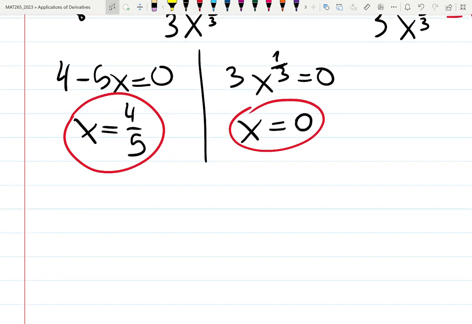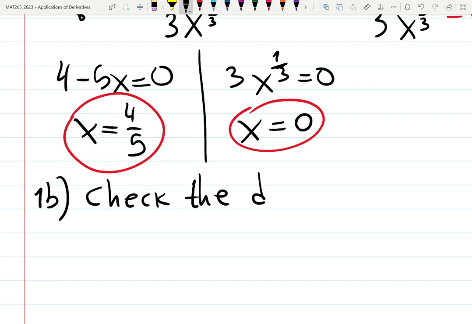But before I declare that, just like last time, you need to have an extra step. I call it 1b. Check that they are in the domain. By the definition, they cannot be called critical points if they are not in the domain. Check the domain, and kick out the extras. The domain was chosen as -1 to 2. Are they in the domain? 4/5 seems to be less than 2, but positive.